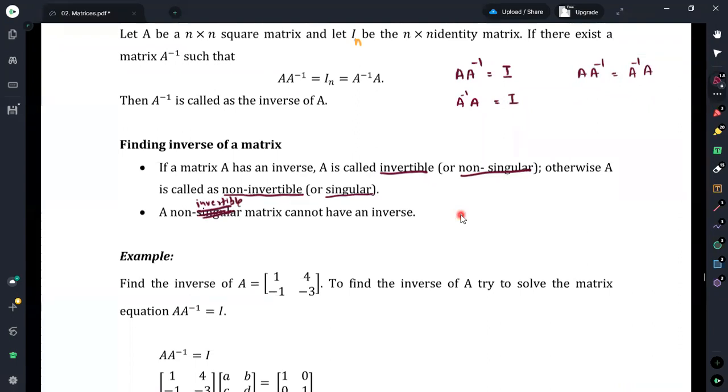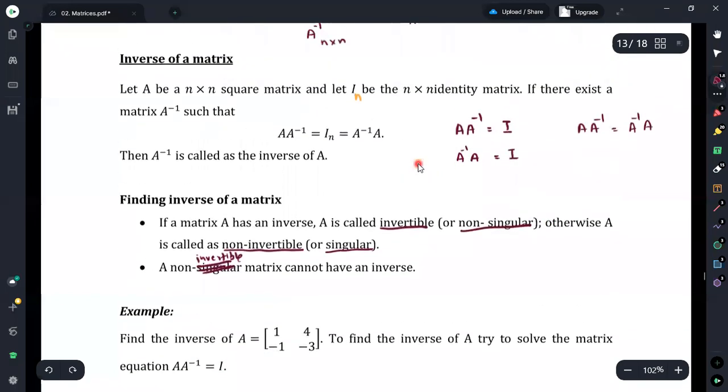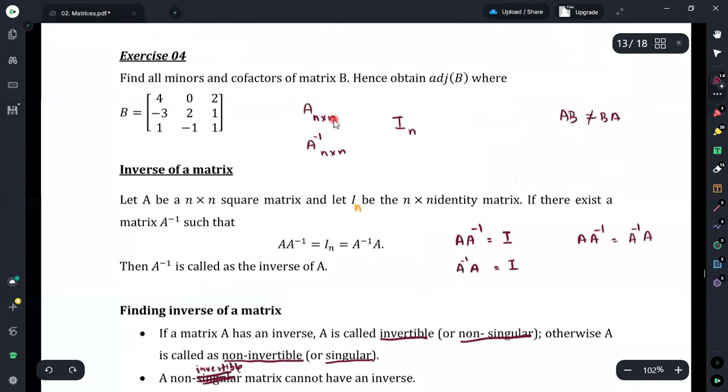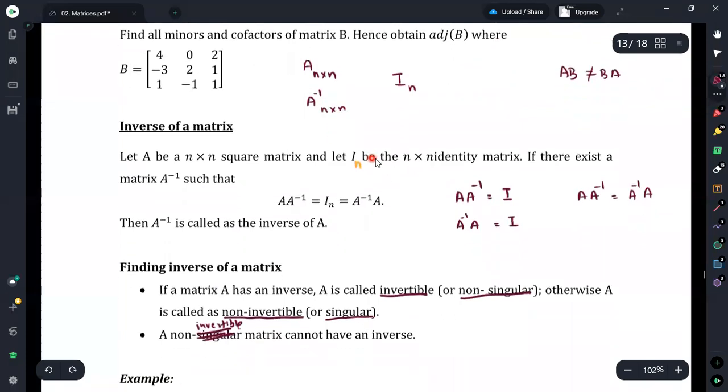If the matrix is a singular matrix, then it cannot have an inverse. First, we'll see how we can use the equality provided to identify the inverse of a matrix. And the next important thing is that, as I have mentioned, if A is of order n by n, then A inverse also should be of order n by n.